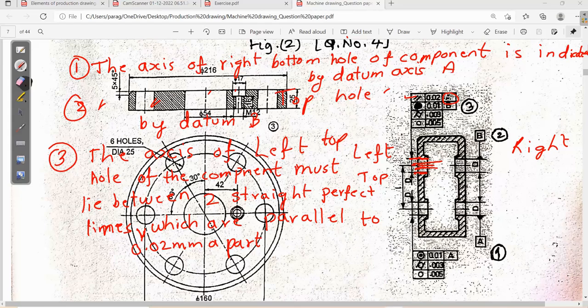Your datum axis. Datum was A, parallel to this particular axis. So these imaginary straight lines are parallel to this particular datum axis, and our axis is lying between two straight lines at a distance of 0.02 mm, which are parallel to datum axis A. Understood? Write the sentence like that.